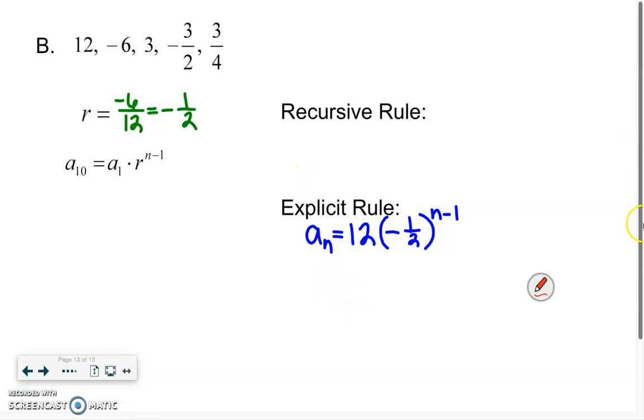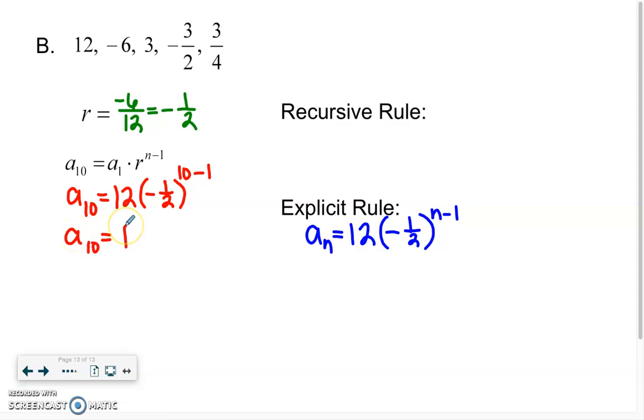I think I'm going to go back and do the 10th term now. I'm going to write my explicit rule, and then since I'm finding the 10th term, I plug in 10 for the n value right here, and just do the math.